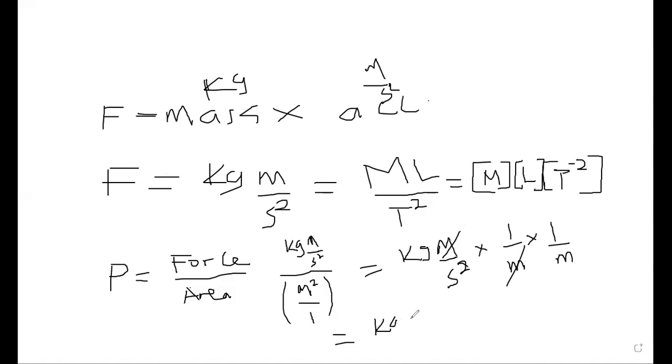So this will now be kg over m s to the power 2, which in dimensions could be written as M for mass, then this is length, L. So this would be M L T to the power minus 2.